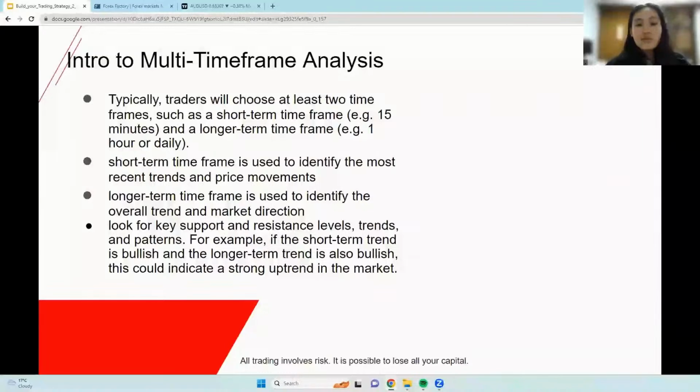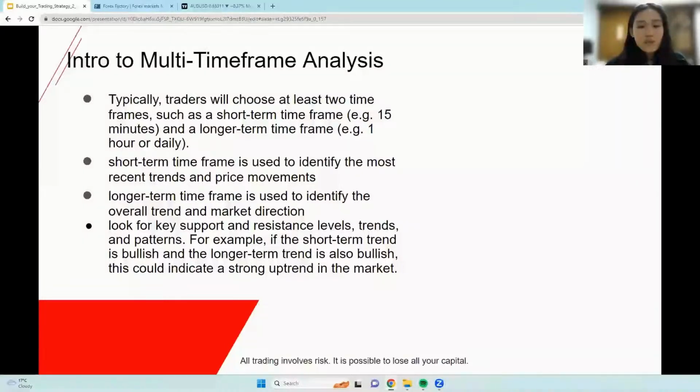Okay, but yeah, so once the time frames are selected, you can then analyze the markets from each time frame. Look for key support and resistance levels, the different trends, as well as patterns. So for example, if the short-term trend is bullish and the longer-term trend is also bullish, this could indicate a strong uptrend in the market. Okay, so as a trader, you can use this information to make more informed trading decisions.